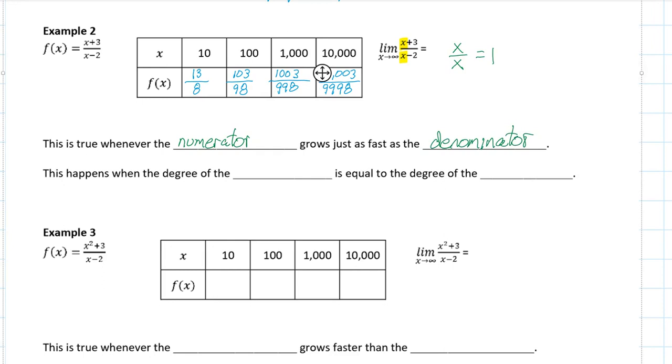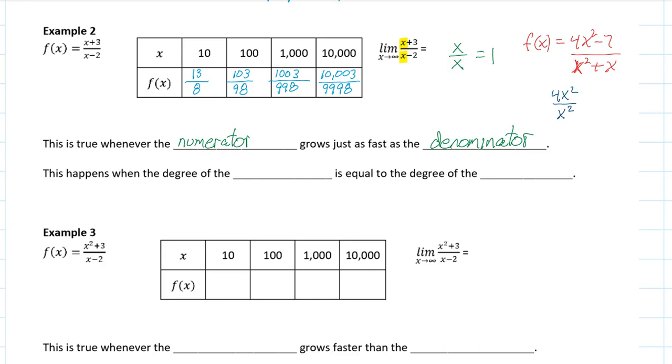Now, contrast that. Let me give you another function here real quick. We'll take a look at this one. F of x equals 4x squared minus 7 over x squared plus x. Just look at the lead terms. Okay? My lead terms are 4x squared and x squared.